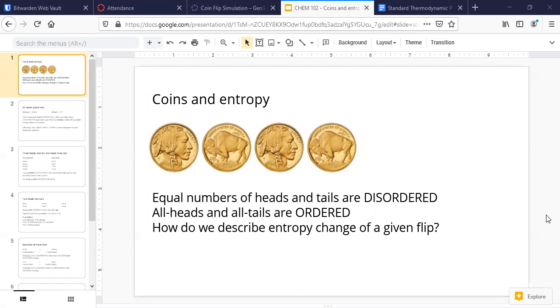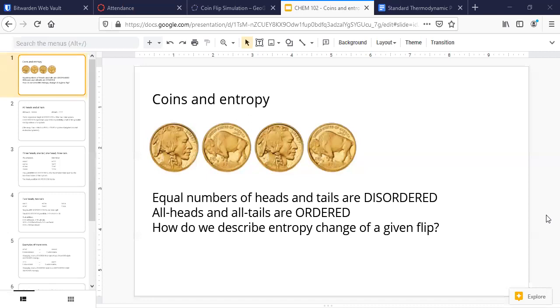Whereas the state that I started from, a state of all heads or a state of all tails, I'm going to consider an ordered state. And if I flip all 4 coins, I'm either transitioning from order to disorder, or I'm transitioning from disorder to order.